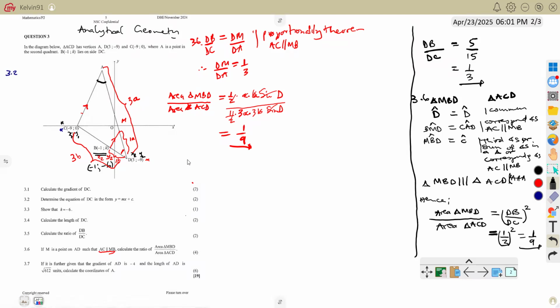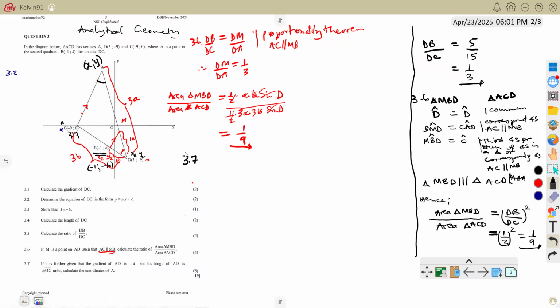Then we are on the last part, which is 3.7. There you are given that the gradient of AD is -4. We have the coordinates of D, but we don't have the coordinates of our A. So let the coordinates of A be x, y.